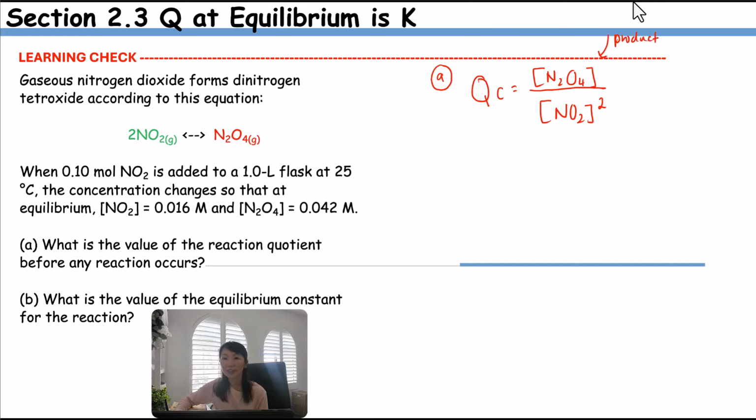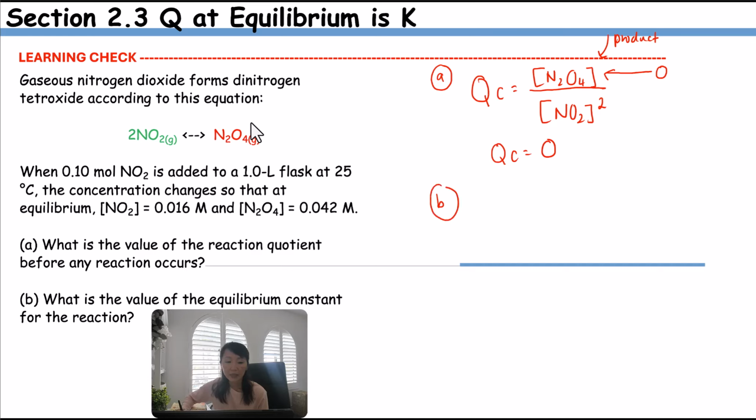No, it doesn't say that there is any product here in the very beginning. You just have this. So what does that mean? That there is nothing here. It's going to be the value of 0. So we don't even need to know the value of the bottom, because anything with a numerator of 0, we're going to end up with a Qc of 0. So the reaction quotient would be 0.